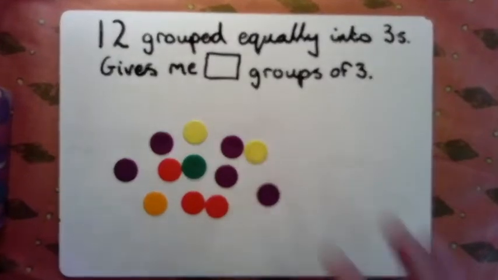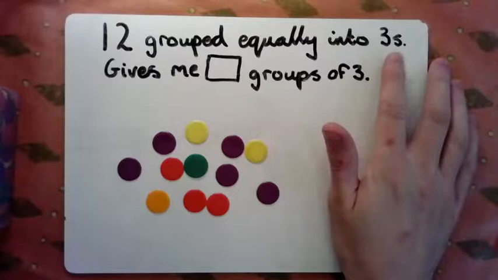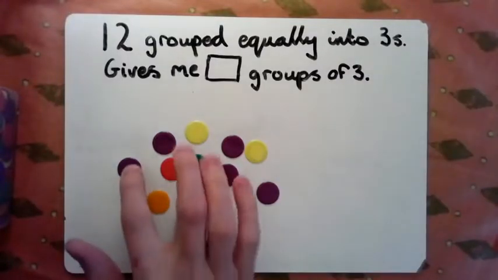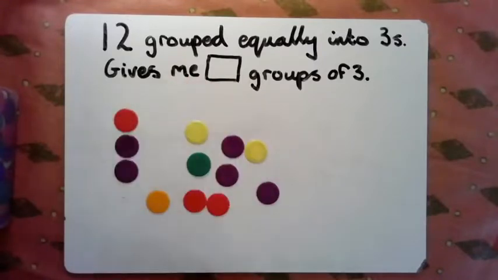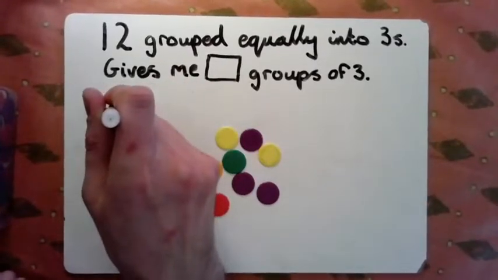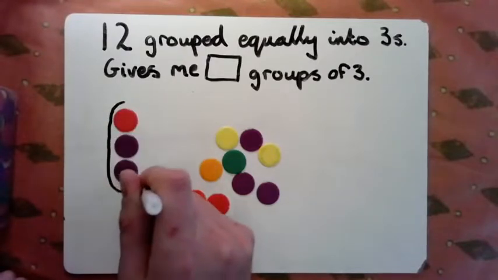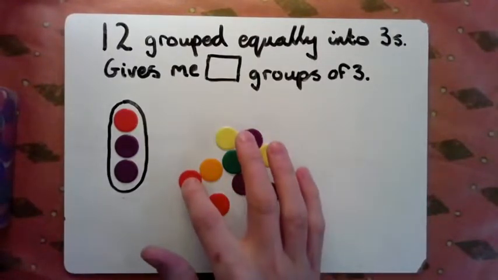Now I know these are going to be put in groups of 3. So 12 grouped into 3. I'm going to have 1, 2, 3. There's my first group of 3. I'm doing this on a whiteboard so I can draw around it and show you clearly. If at home you want to do it on the carpet or the table, you can explain it as you go. You don't have to draw around it.